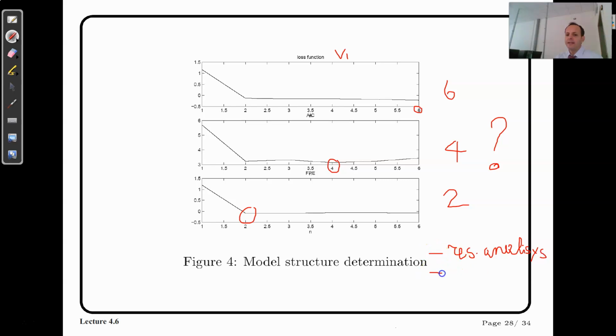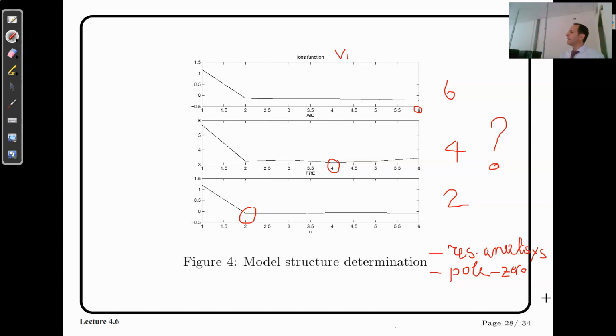The other one can be the pole-zero plot, to see the pole-zero cancellations. So in order to understand which is the right indication, these cost functions are saying possible model orders can be 6, 4, 2.